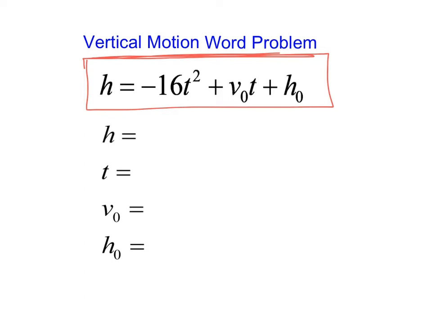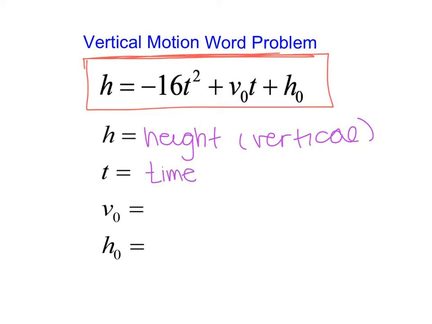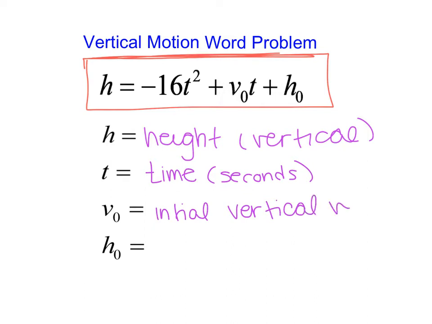Remember that our h value is equal to the height. This is the height of an object, and it is the vertical height, so it's how far it's going up. Then the t value represents time, which for vertical motion problems will be represented by seconds. Then v sub 0 is the initial vertical velocity, so this is its initial speed going upwards or downwards.